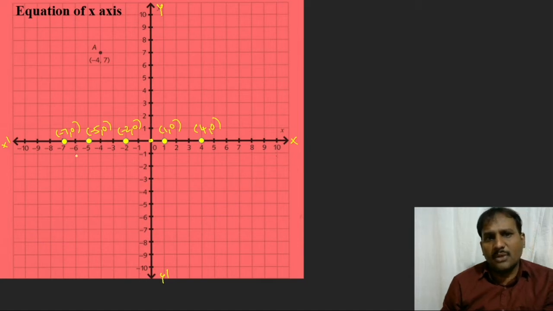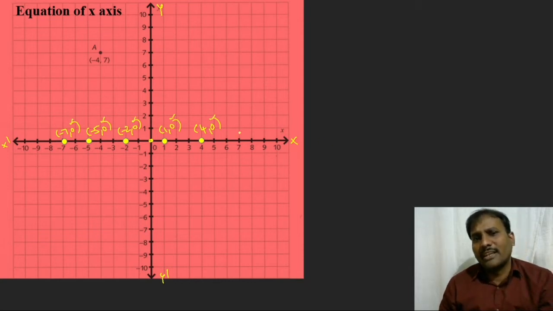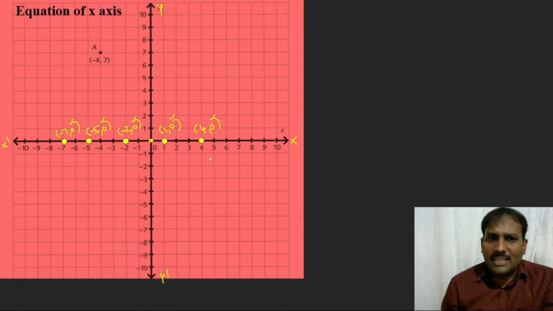Now if you observe all these points, one thing is common in all of them, that is, the y coordinate is 0. So you take any point on the x-axis, its y coordinate will be 0. Generally, if you extend this and some point is here, then you can write it as x, 0. The general form of a point on the x-axis is x, 0.